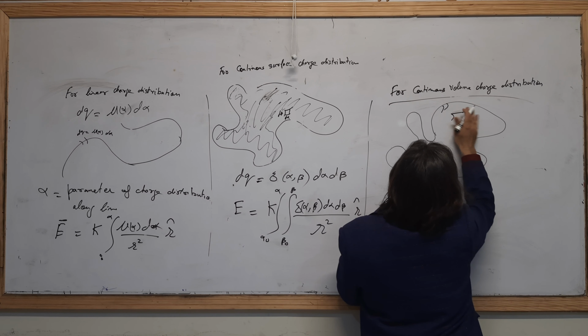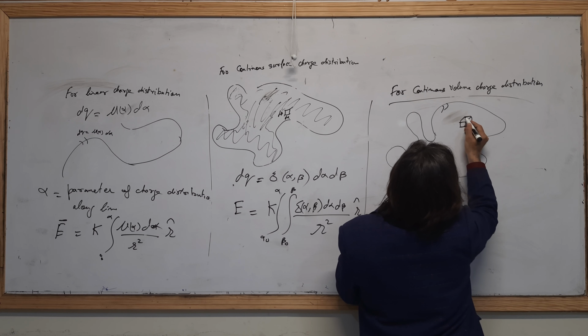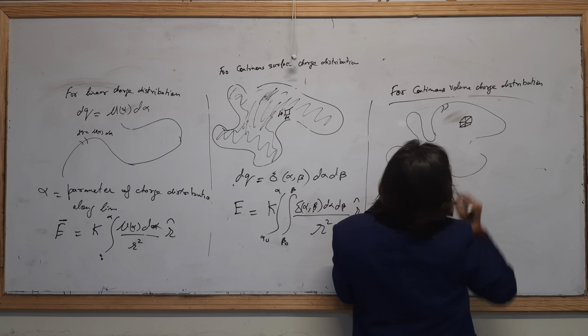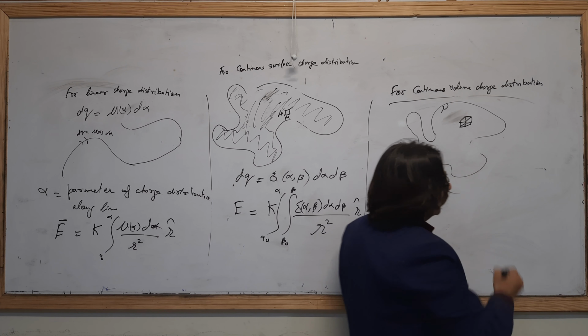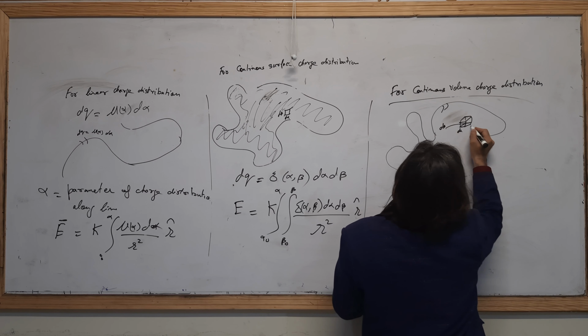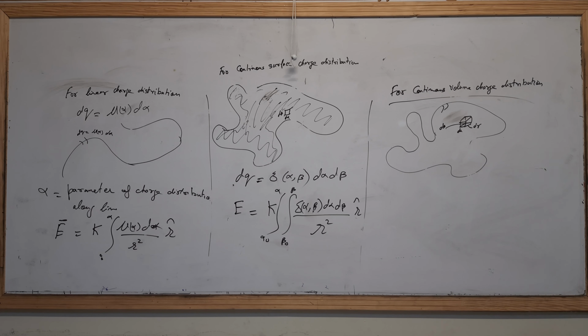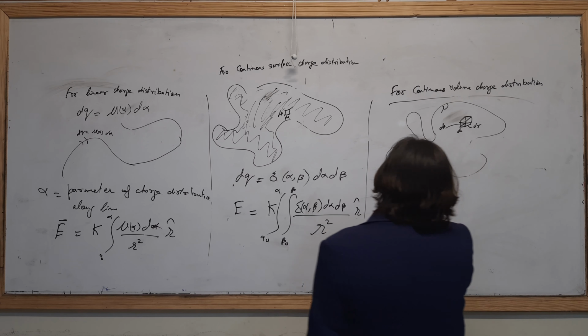If I consider a small patch, it has a three-dimensional form, that is d alpha, d beta, d gamma, along the x, y, and z axes. These have a thickness as well as a length and width.